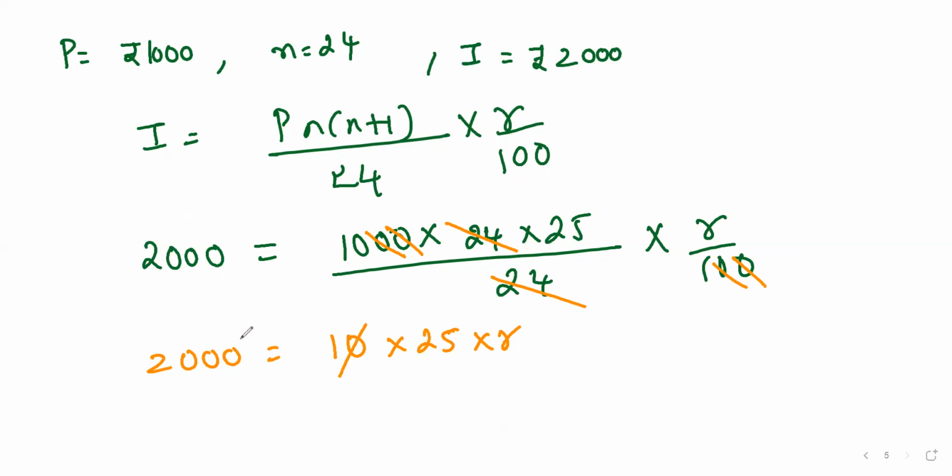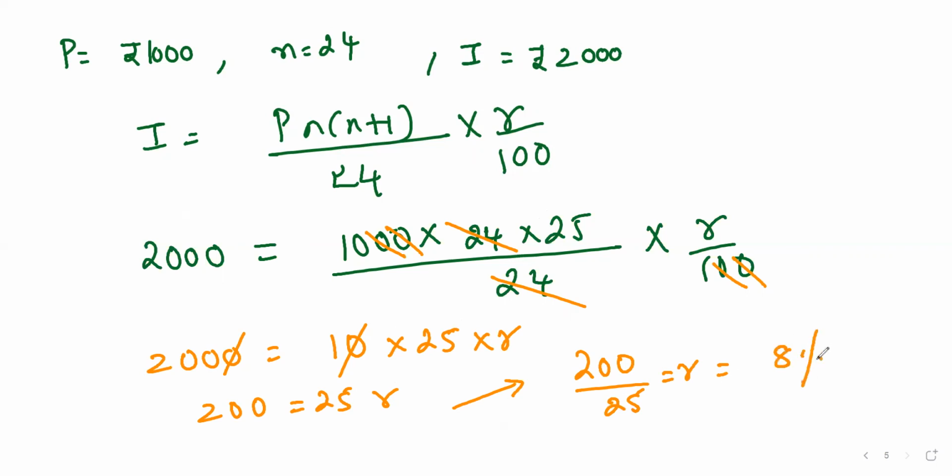So 0, 1 this side, and 0, 1 goes that side. 200 is equal to 25 into R, or you just transpose it down. 200 upon 25 is equal to R, which is equal to 8. R is per 100, so it's expressed in terms of percentage, and it's 8%. Okay, these sums are pretty straightforward for banking.